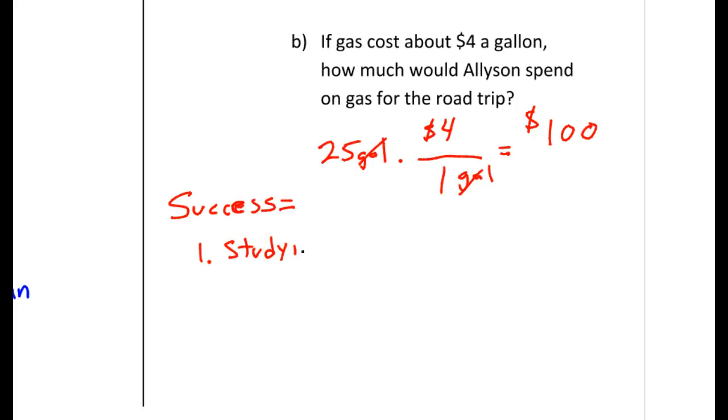Gotta study. Which means do the review several times. Print another one off School Loop if you can, get another one from your teacher, and do it again and again until you can do it all by yourself.